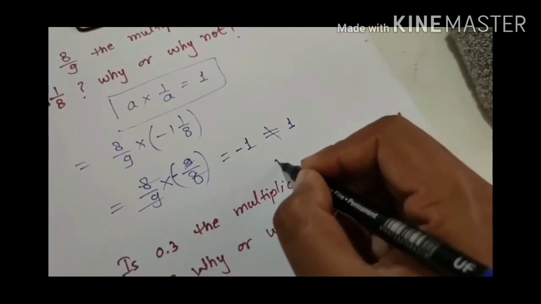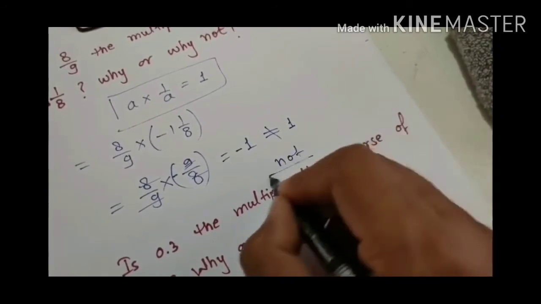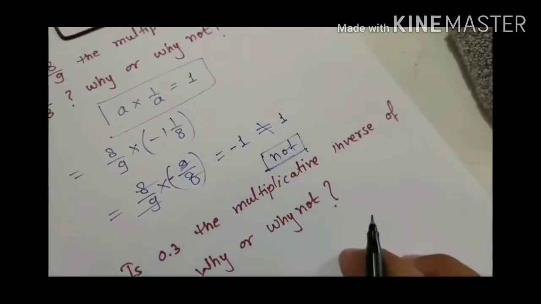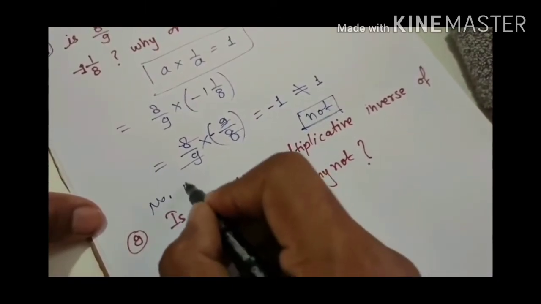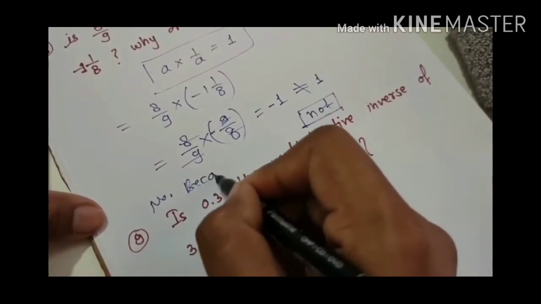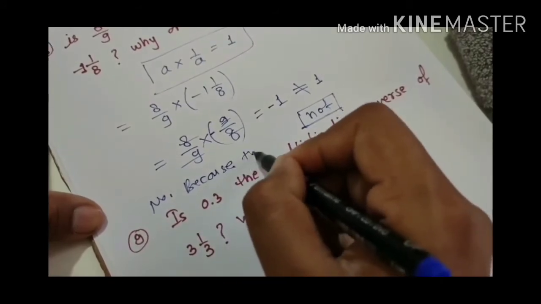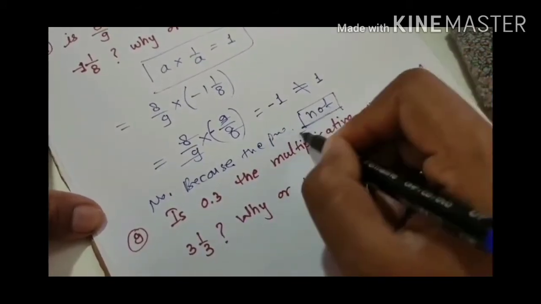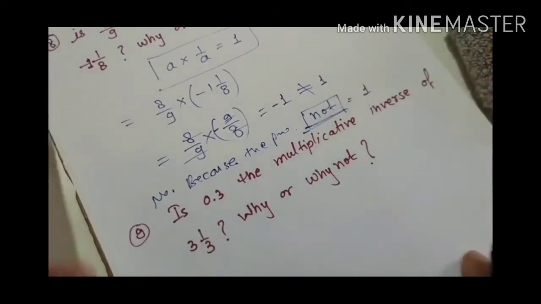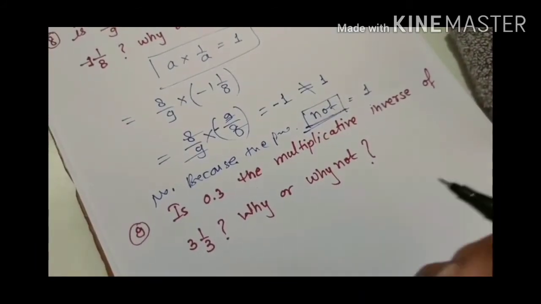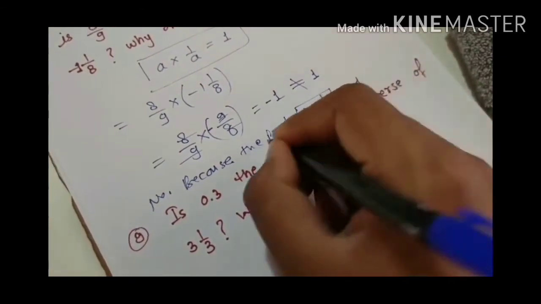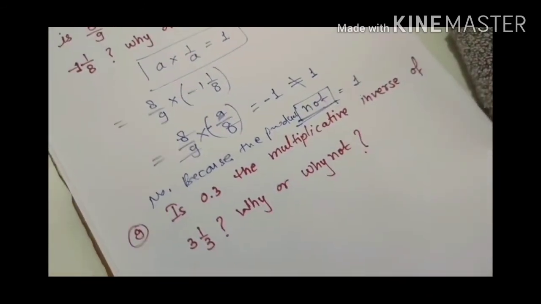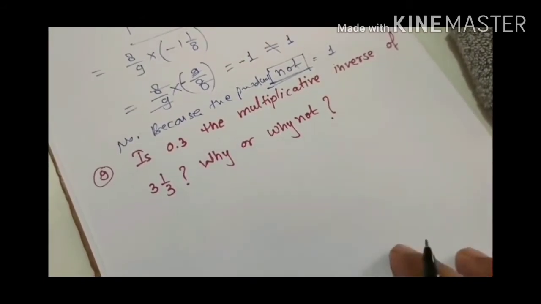So minus 1 is not equal to 1, so it is not a multiplicative inverse of 8 by 9. Because I said multiplicative inverse means a into 1 by a should be equal to 1, but here it is not equal to 1. Here we got minus 1, so it is not the multiplicative inverse. That's done.